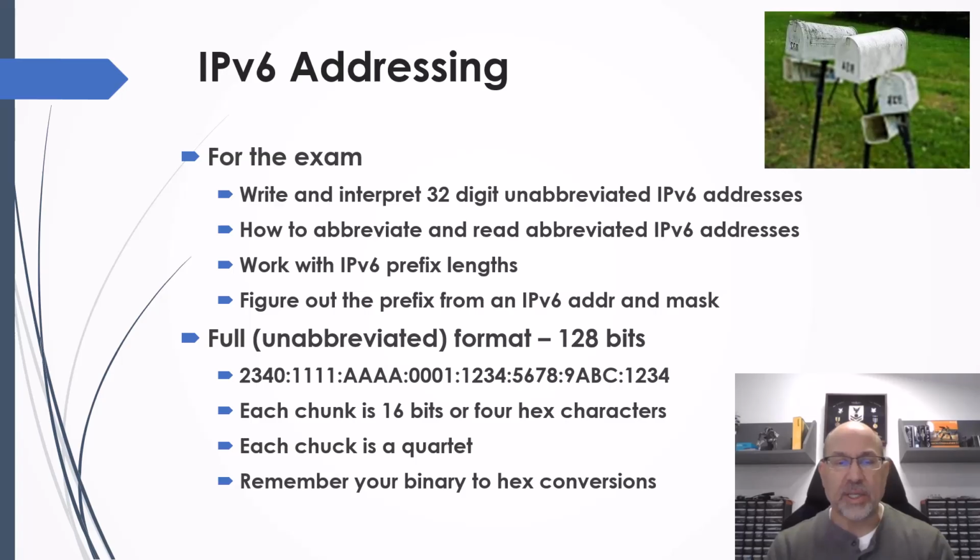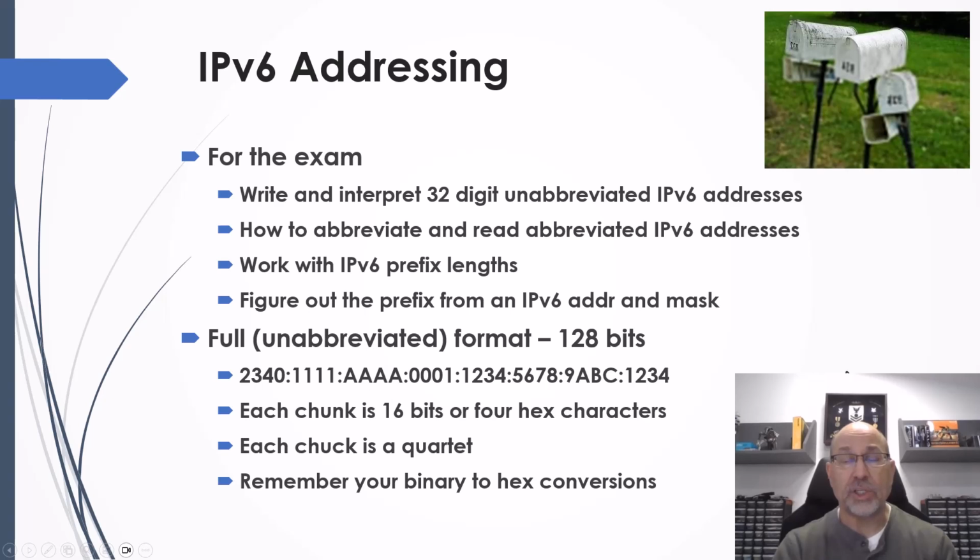So here is an example of an IPv6 address. Now, if you see here, it's 2340:1111:AAAA and so on. So there are a couple of things that we want to understand about this particular address. Any IPv6 address that you're going to look at, you can look at these chunks, right? So there are 8 chunks in an IPv6 address.